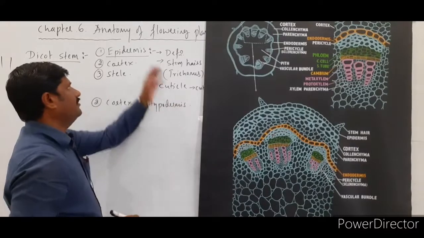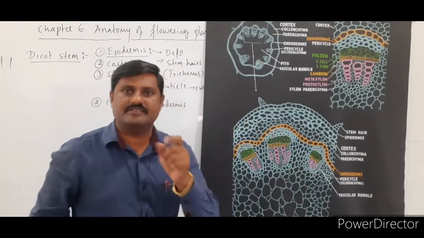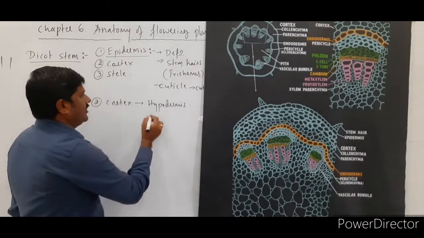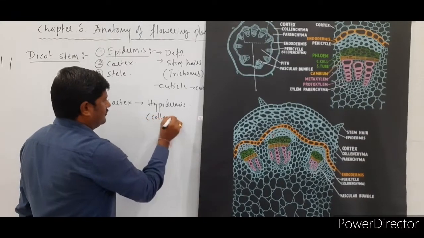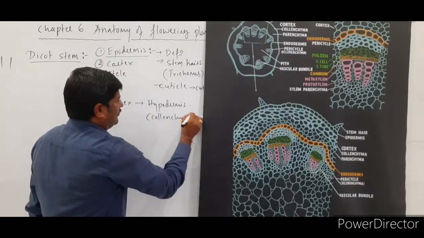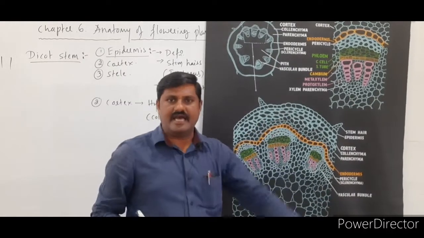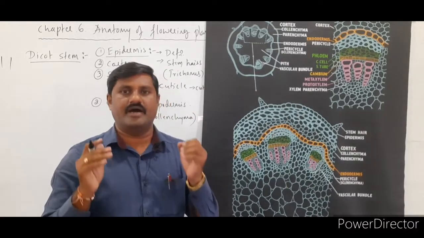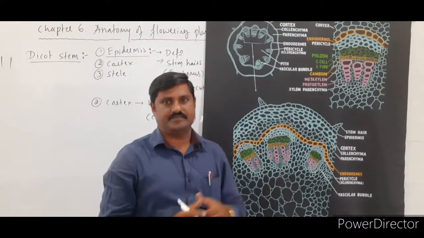Hypodermis. Soon after the epidermis, some cell layers are there, and those cell layers are made up of collenchyma tissue. That collenchyma tissue forms the hypodermis, which gives mechanical support to the stem, right?